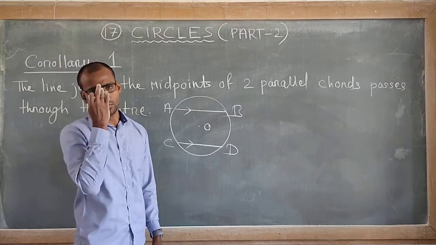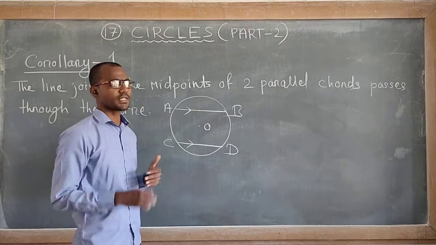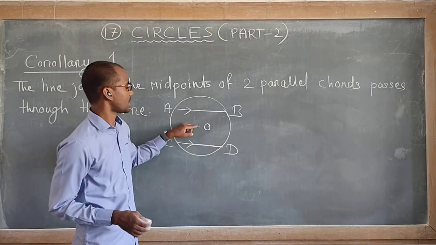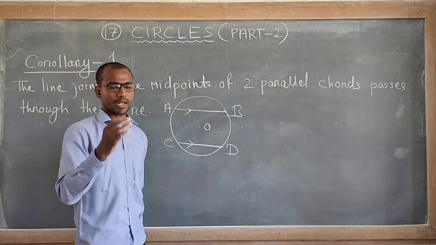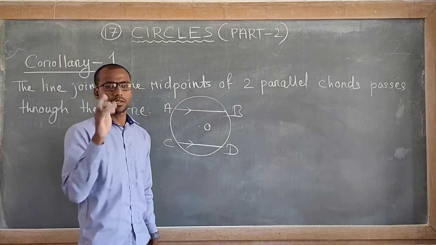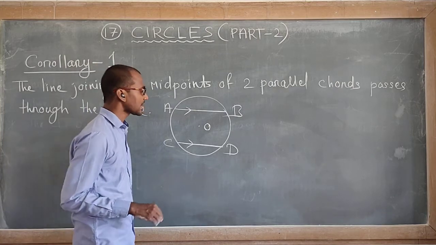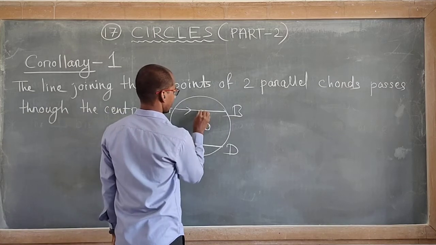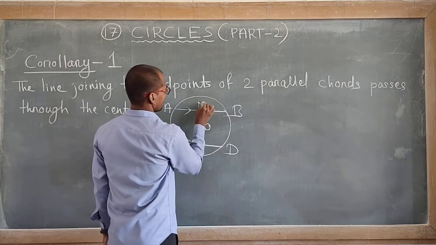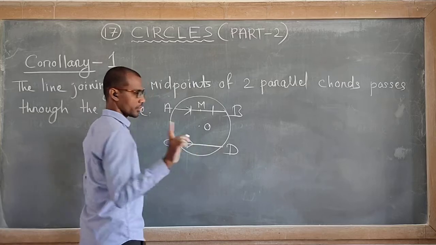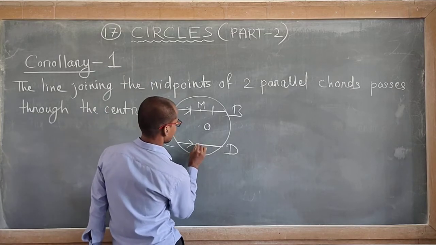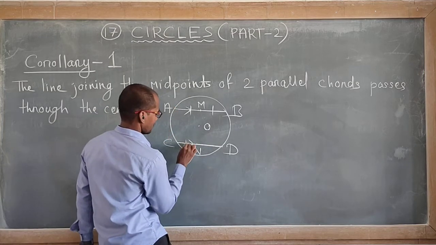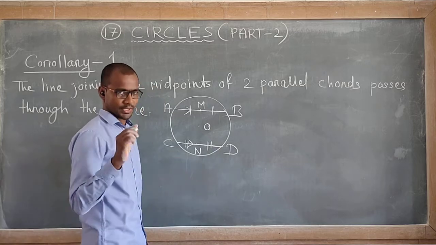These two chords are parallel to each other and lie on the opposite sides of the center. You can see O is here, AB is here, CD is here. Now let us take the midpoints of the two chords. Suppose this is M, the midpoint of AB, and this is N, the midpoint of CD.